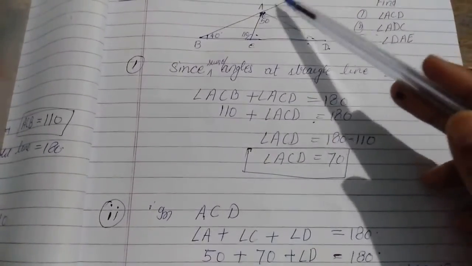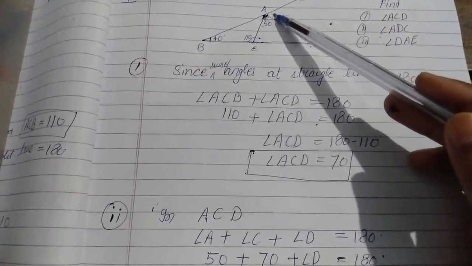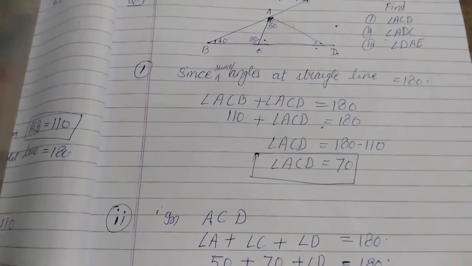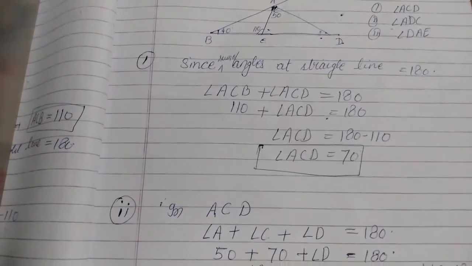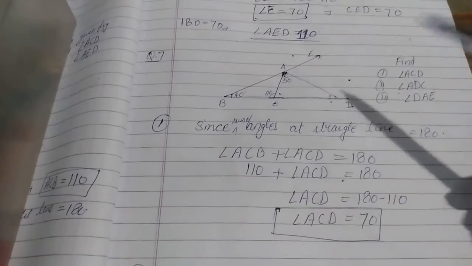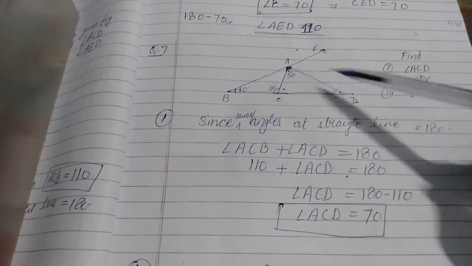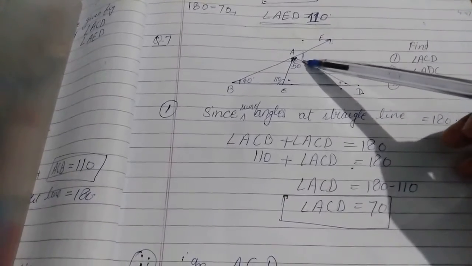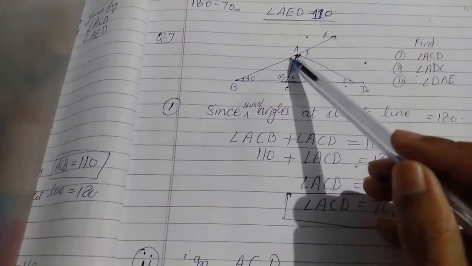Now we have to find this angle A. How can we find it? I am discussing it here on the next page. Now see, to find EAD, to find this angle, we have to find this angle also.